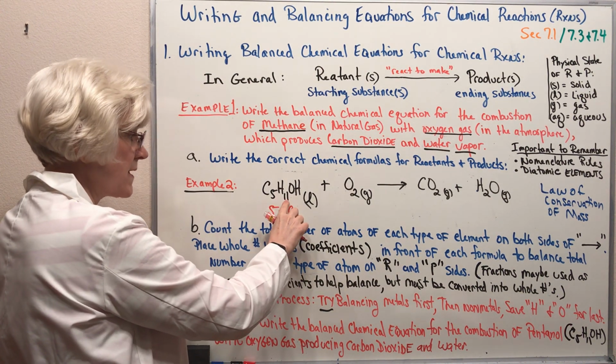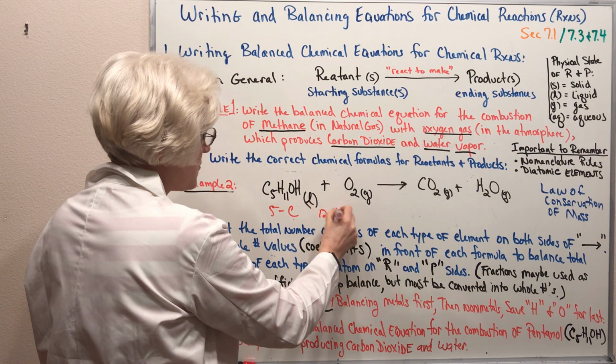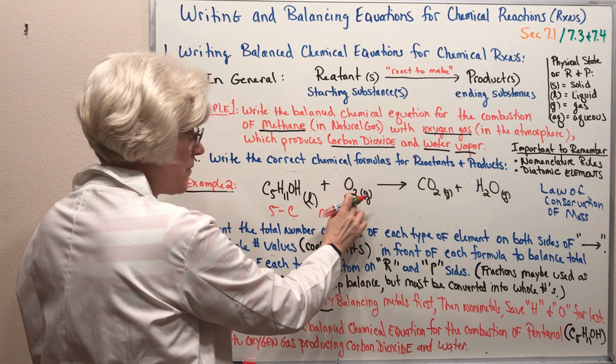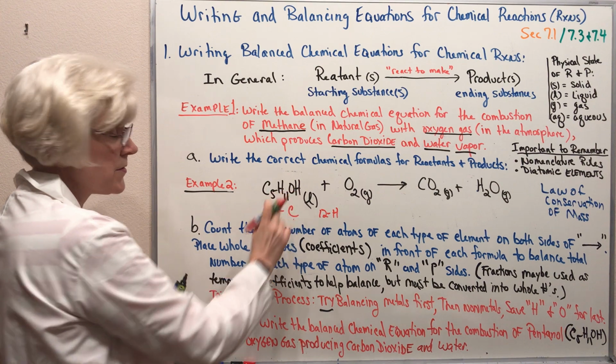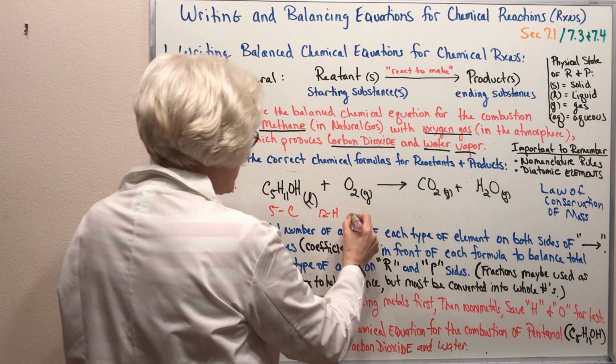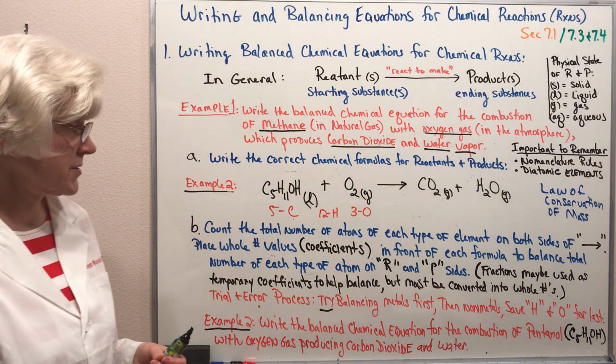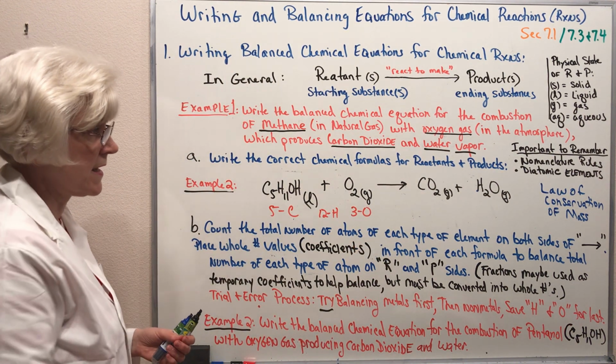But nonetheless, we can count 11 plus 1, giving us 12 hydrogen, and then 2 oxygen here, but there is also an oxygen in the formula of pentanol, so that's giving us a total count of 3 oxygen on our reactant side.